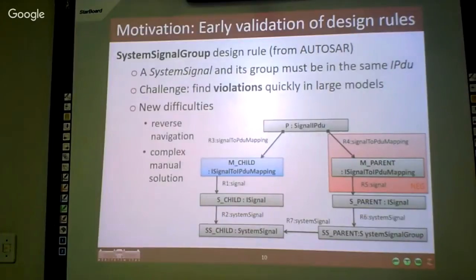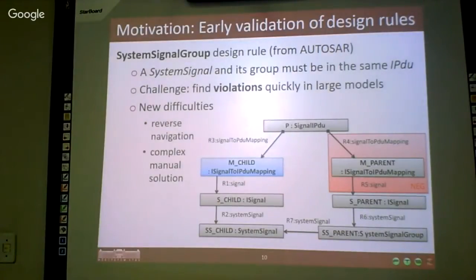And here is an example from the AutoSAR domain. AutoSAR is actually a huge language family used by the automotive industry. And they have huge models, and the earlier you find an error, the easier and cheaper it is to correct.